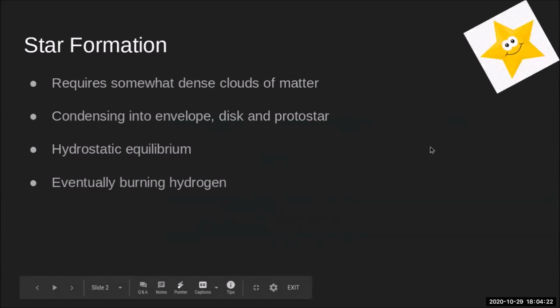So I'm looking at molecular outflows, but to understand those, we need to have a basic idea of star formation. Stars begin to form in somewhat dense clouds of matter, known as stellar nurseries. These are high in H2, showing up reddish pink sometimes when observed.